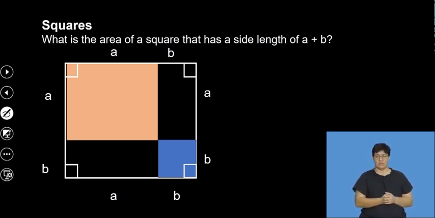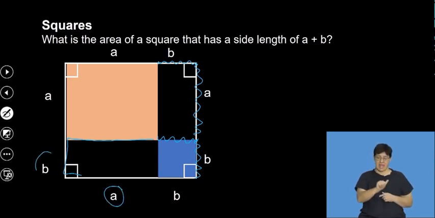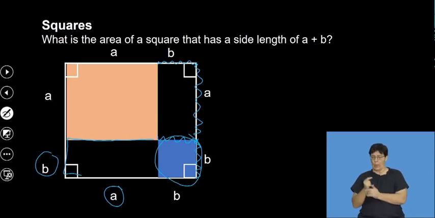On the side here I will add my length, which is the b there, and this is still a here, it does not change anything, and that is the b there. This will be b because of this one here. So it means I have a rectangle here which has sides a and b, and I have a new square by the corner, which is a square b by b.